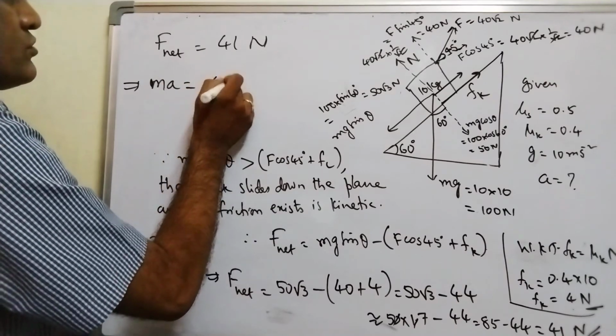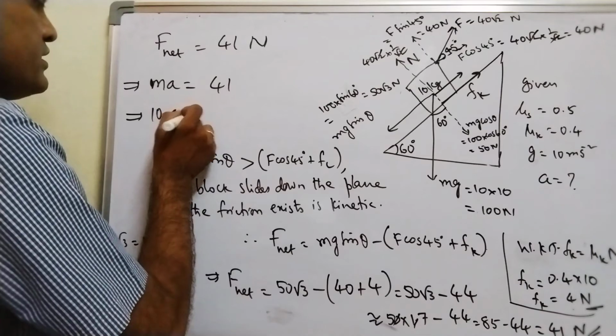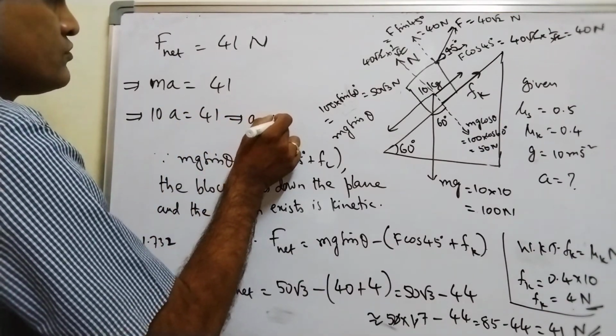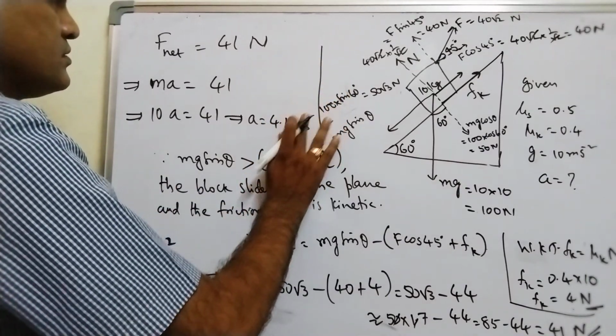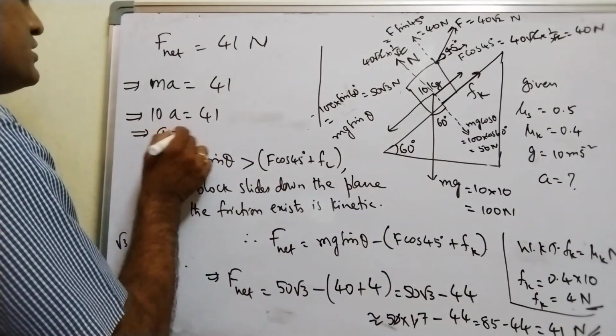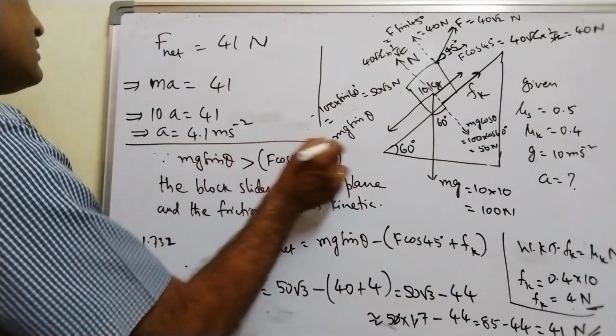MA is equal to 41. Mass of the block is how much? 10. 10A is equal to 41, which implies A is equal to 4.1 meter per second squared.